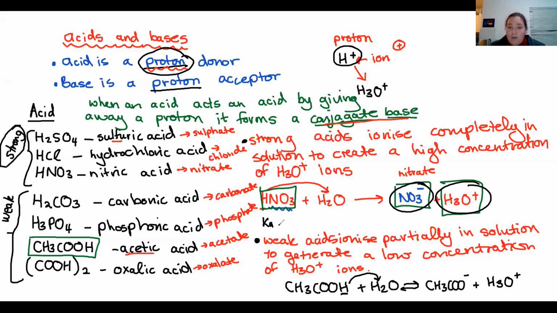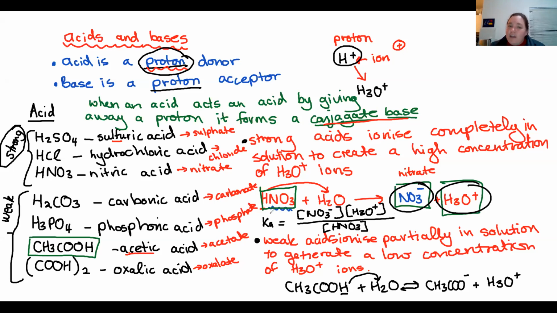Ka will equal products: the concentration of NO3 minus times the concentration of H3O plus. They're both aqueous, so I can put them in, over the concentration of HNO3, which is aqueous, and then this here will be liquid, so we assume it's 1 and we leave it off.